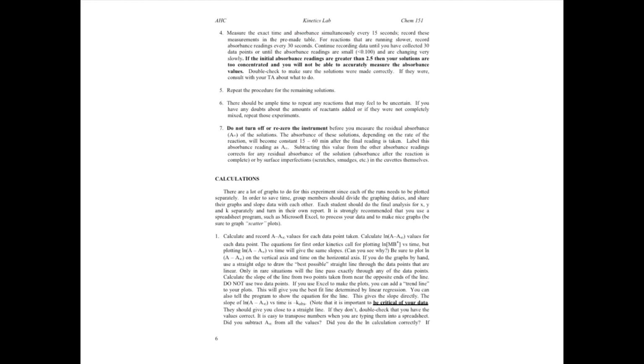You have this printout, but I just wanted to reiterate what your task is. You'll know when I stop, obviously, but for the reactions that are running slower, we're only going to record every 30 seconds. You'll see that there's a really slow change in the absorbance values. And then after the absorbance readings are really small, we end up stopping.